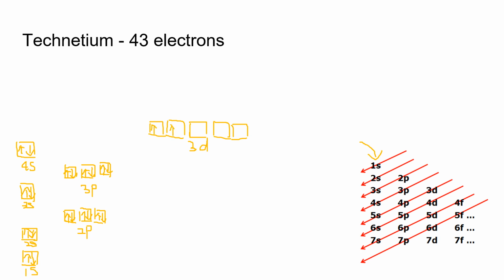Fill up the orbitals with the same spin electrons first. And what we are doing right now is also following the Aufbau principle, which is we fill up the lower energy first before we move into the higher energy level.